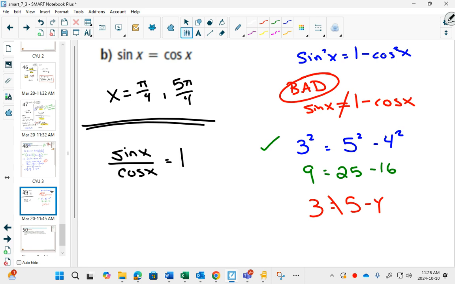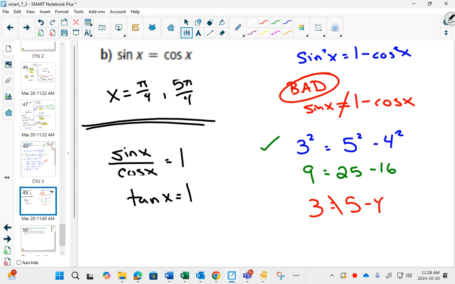Sometimes dividing both sides by something is dangerous because you might divide by 0. But in this case, if cos is 0, sine isn't 0, so that's not a solution. If I divide both sides by cos x, what can I change sine x over cos x to? I can change it to tan x. And now I have only one trig function.